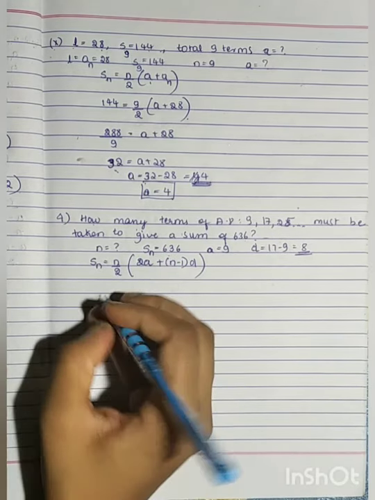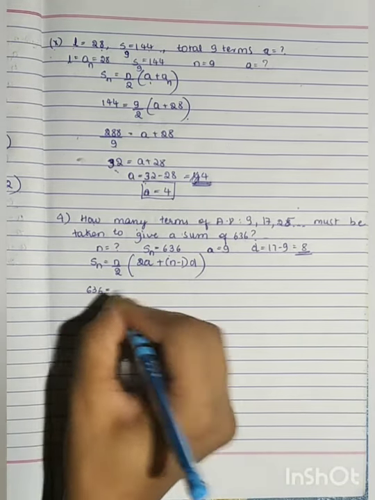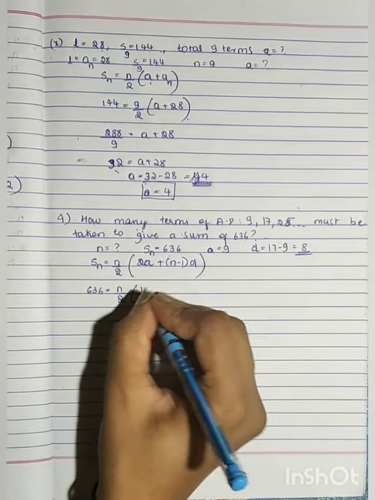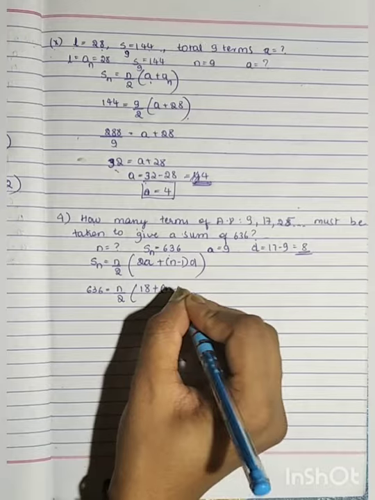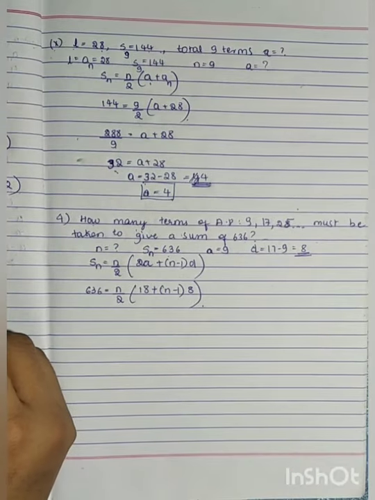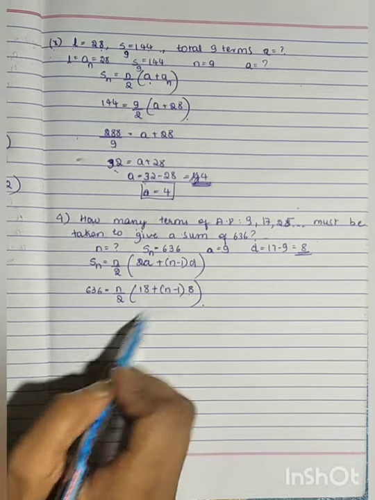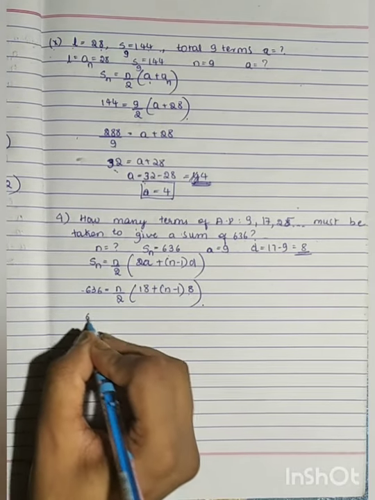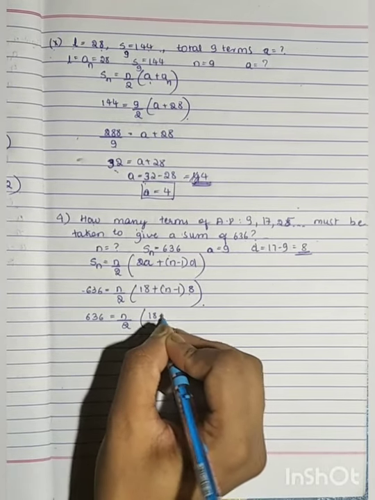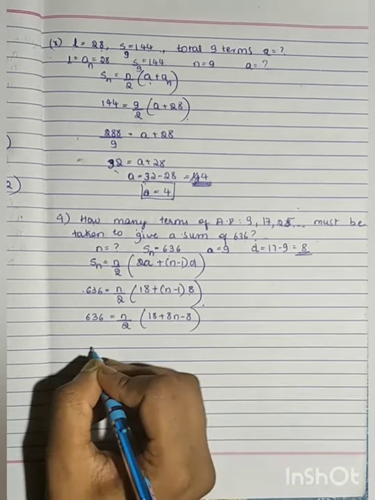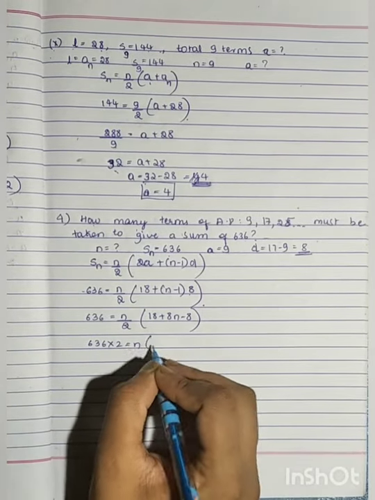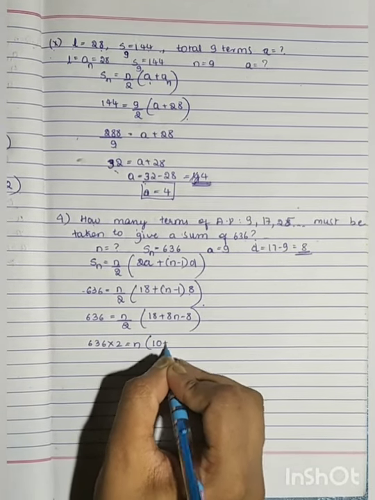We know Sn is equal to 636. Let us substitute. 636 is equal to n upon 2, 2 into 9, that is 18, plus n minus 1 into 8. Now let us multiply this. 636 is equal to n upon 2 into 18 plus 8n minus 8. 636 into 2 is equal to n into 10 plus 8n.